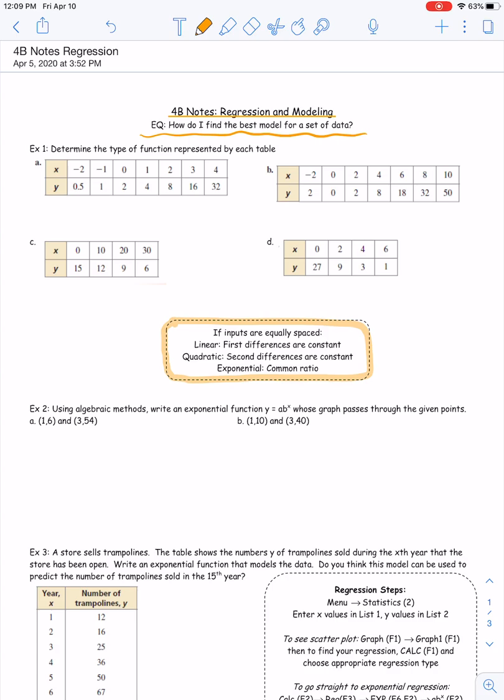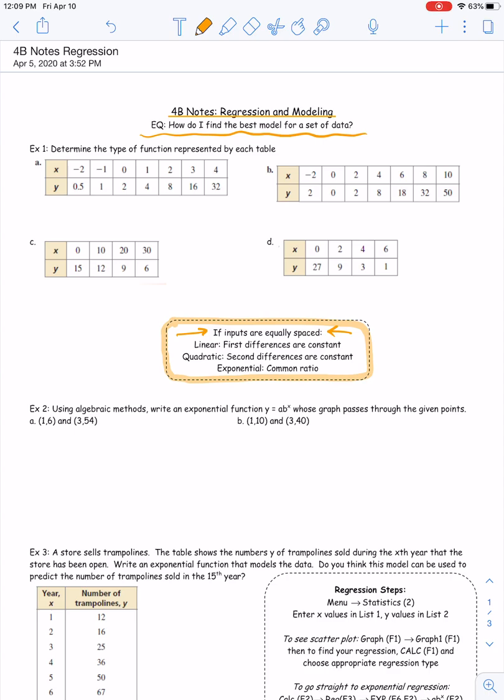So again, we need to make sure that our inputs are equally spaced. If they're not, then we have a little bit of an extra step to worry about, but for these problems, all of our inputs are equally spaced. In part A, they're just increasing by 1. In part B, they're increasing by 2. In part C, they're increasing by 10. And in part D, again, increasing by 2.